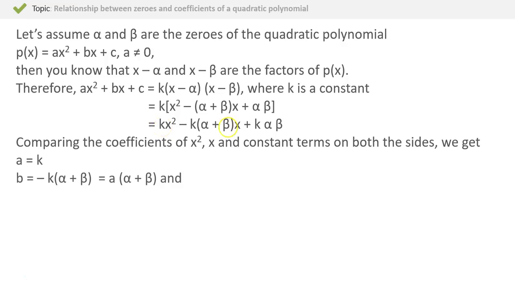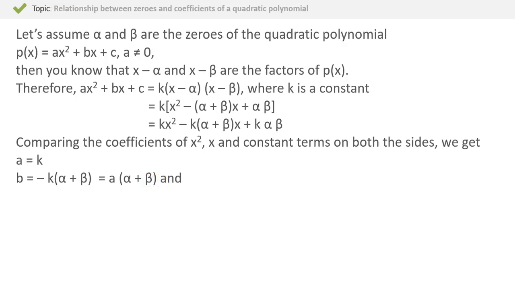Next, when you compare the coefficient of x, you get b equal to k multiplied by (alpha plus beta), with a negative sign, of course, right? So I get b equal to minus k multiplied by (alpha plus beta), and we know k is equal to a. So if I replace k by a, what I'm going to get is b equal to minus a multiplied by (alpha plus beta).